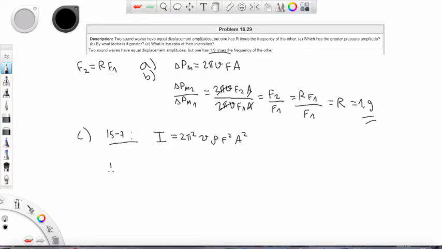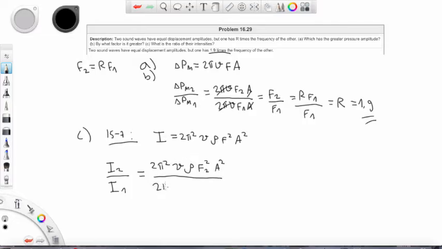So if we compare the ratio of two different intensities, remember everything else is the same except their frequencies. So for the intensity 2, we get 2 pi squared V rho F2 squared and amplitude squared.